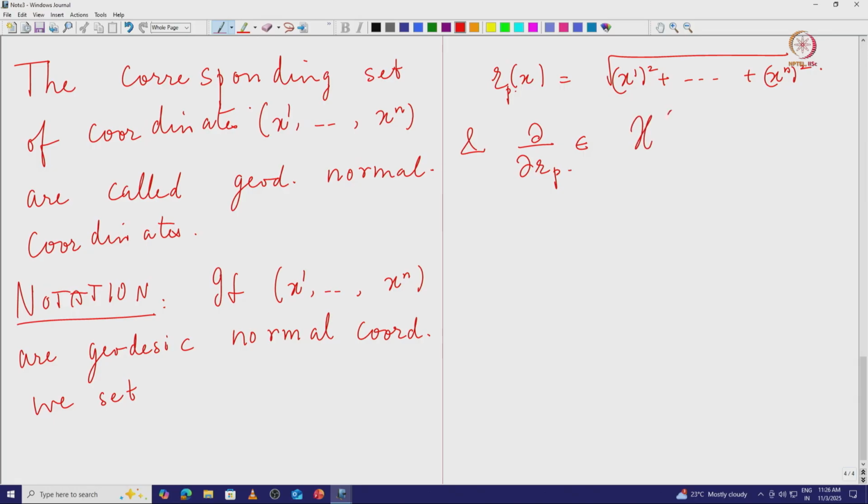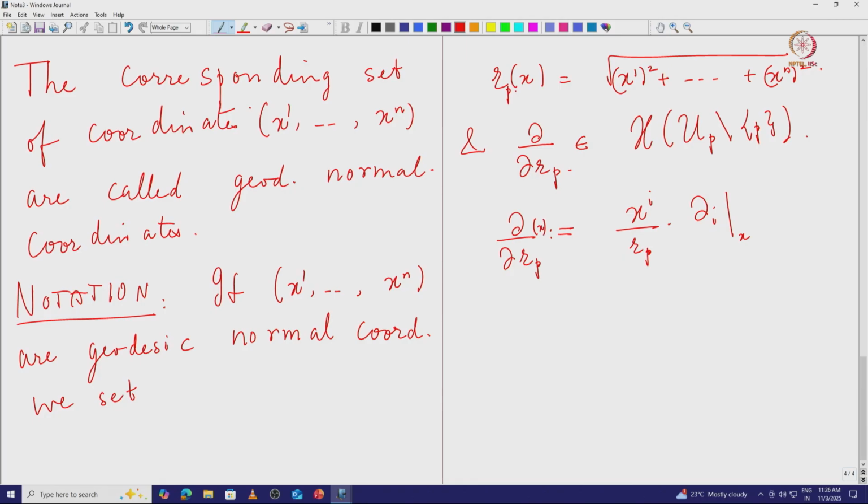So this is a local vector field defined on UP away from the point P. What is the definition? Del by del Rp by definition is simply xi by Rp times del i at x, right.